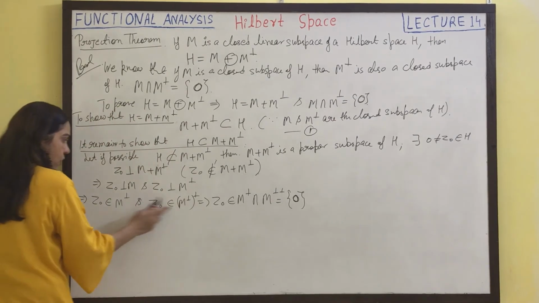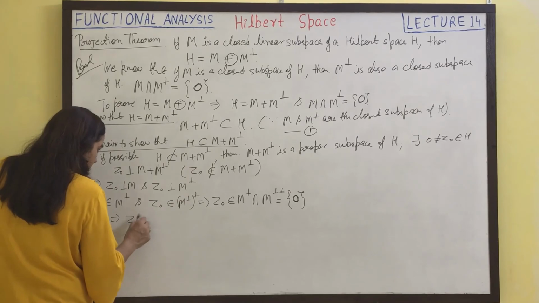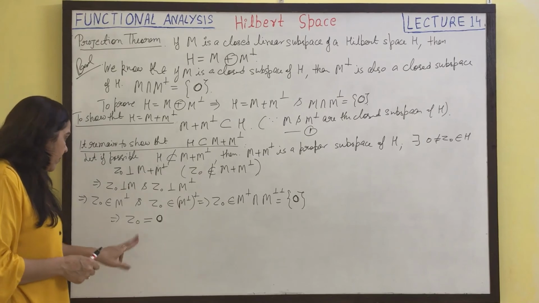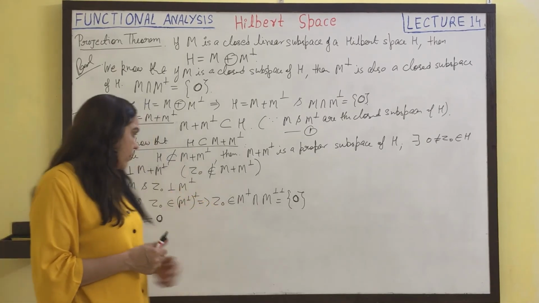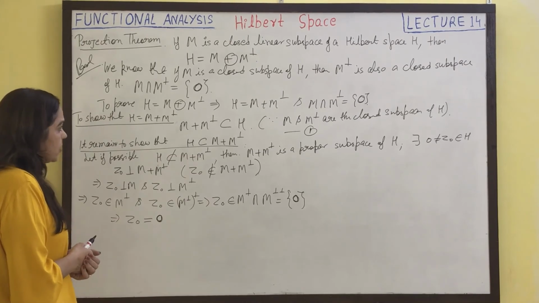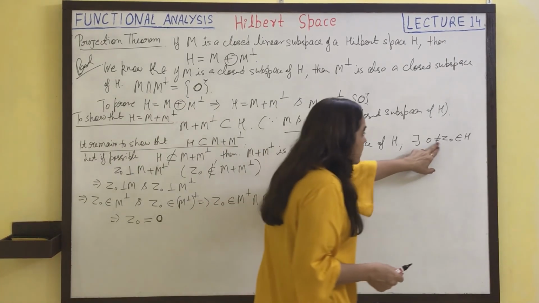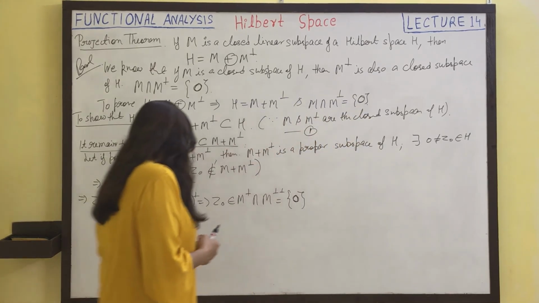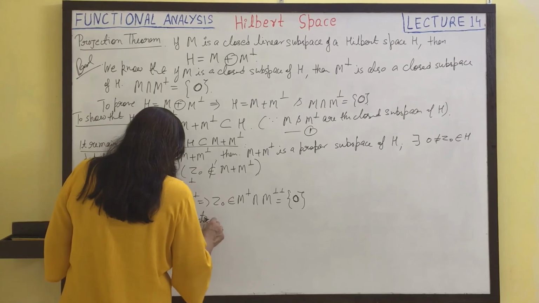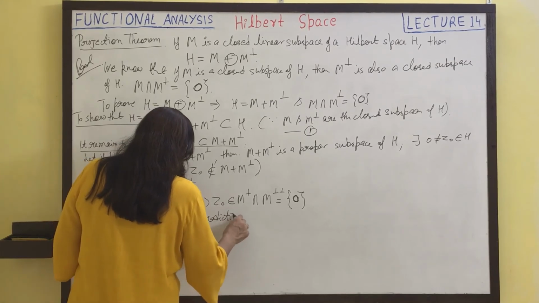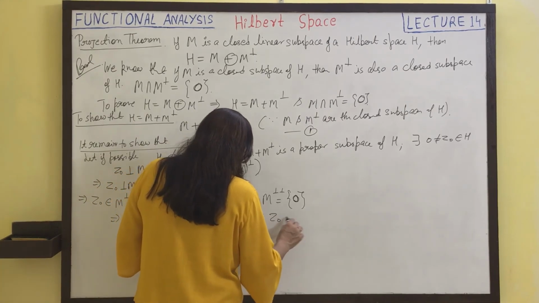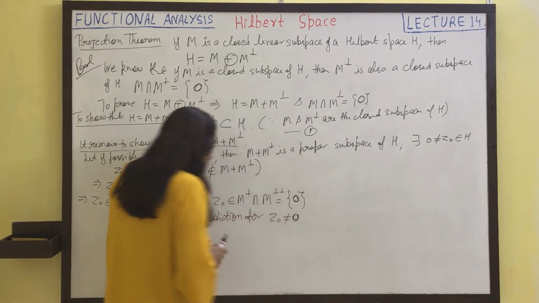Therefore, from here we see that Z0 is a 0 vector, but again it's a contradiction because Z0 is a non-zero vector.